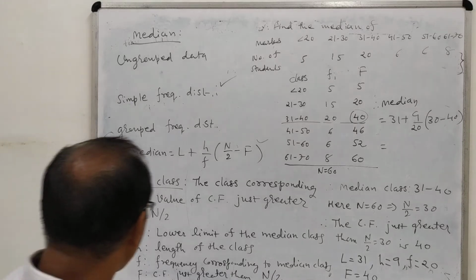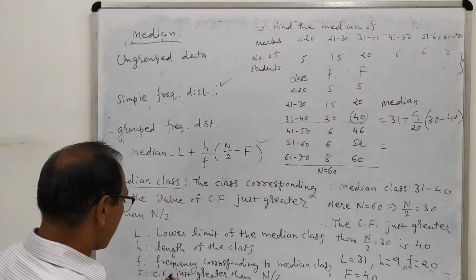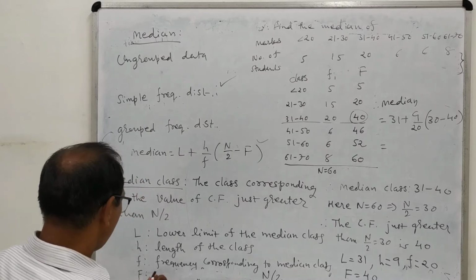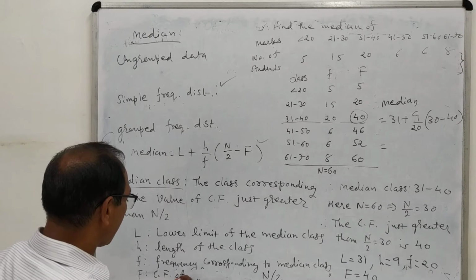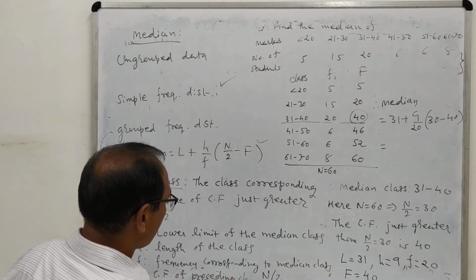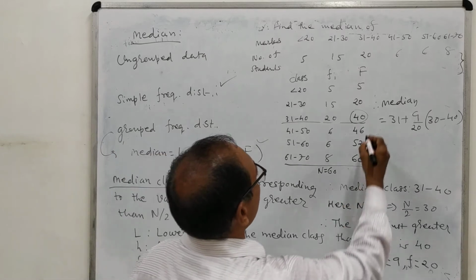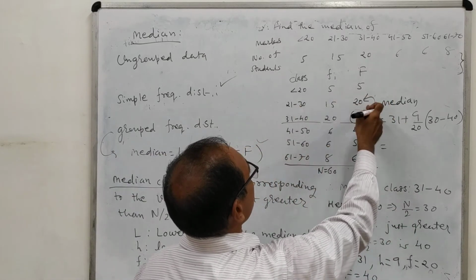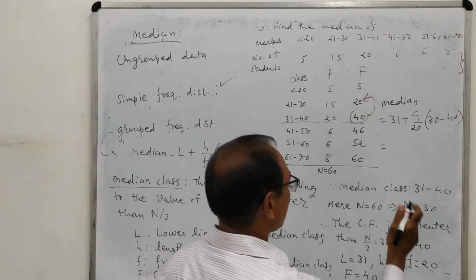Sorry, here capital F is not CF just greater than, but the preceding CF of the preceding class. That means the preceding class is 21 to 30, so the preceding cumulative frequency is 20.